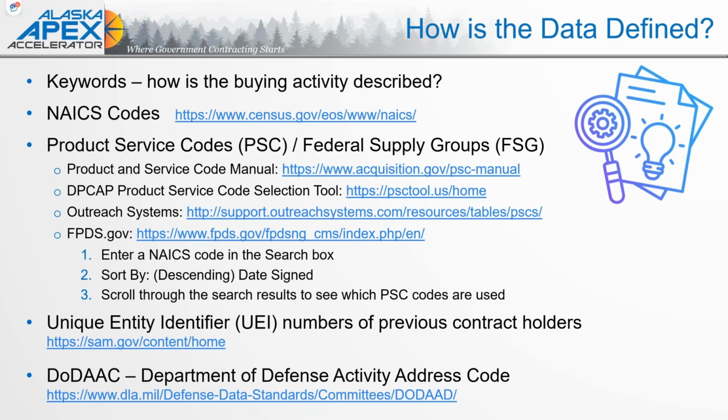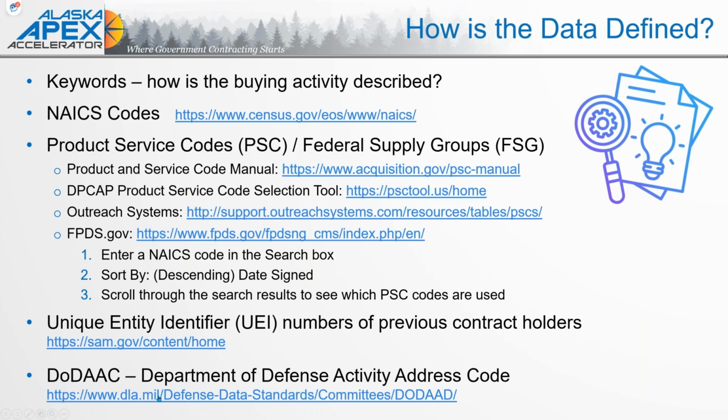Think of that shell game, where's the ball under the three cups, that shuffle of contracting officers. You may not need to find who's still at a particular agency. Well, we can do a search by that agency. That contracting office is the DODAAC, and it's the first six characters in a contract. So it's very easy to find that information, pull it up and do a search, so we can use that for search.